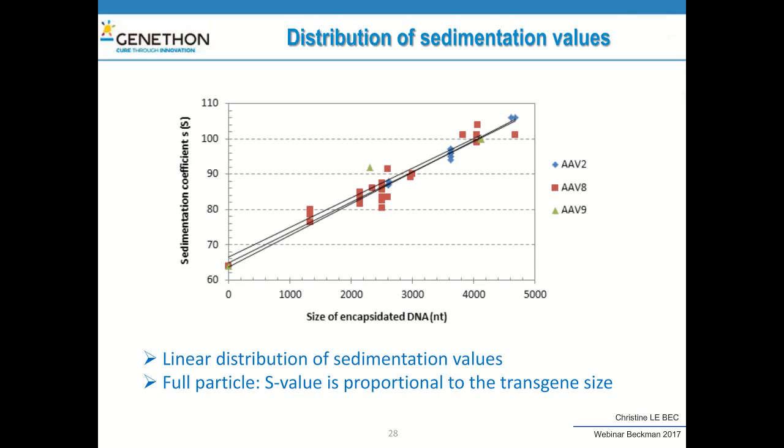You can see that with no DNA, all have an S value around 64, and the S value increases linearly until 105 for an encapsulated DNA of 480 nucleotides, which is the maximal size of the DNA inside the AAV particles. So the S value is proportional to the size of the transgene, and you can make a very nice analysis of your particles.